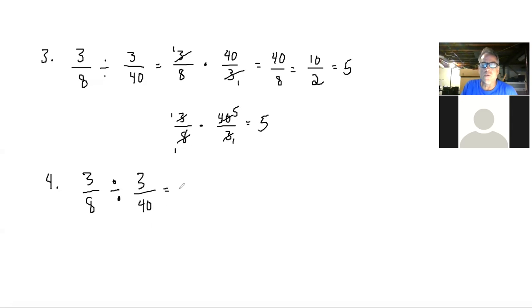And then I know how to divide fractions: I take the divide by part. You read the problem just like you would read a sentence, left to right: 3/8 divided by 3/40. It's that divide by part that you want to flip, and that's how you know it becomes 3/8 times 40/3. Does that make sense?